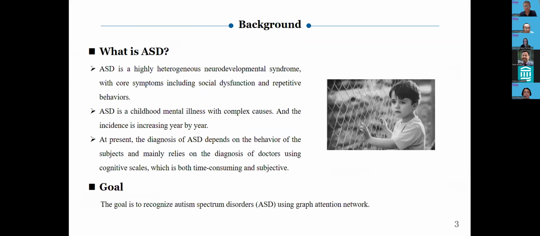ASD is a neurological disorder of brain function in which patients suffer from many symptoms, such as social dysfunction and repetitive behaviors. Currently, the diagnosis of ASD mainly relies on doctors using cognitive scales, which is time-consuming and subjective. So our goal is to recognize ASD using a graph attention network.